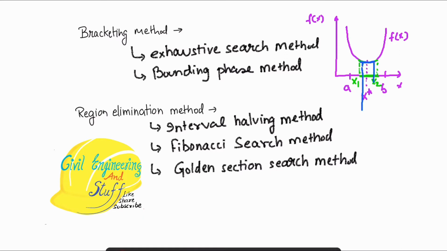Through the implementation of these algorithms, we defined that the search space is reduced from x1, x2 to x3 and x4, using the interval halving method, the Fibonacci search method, and the golden section search method.